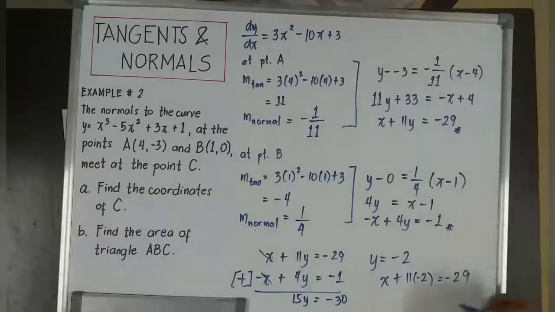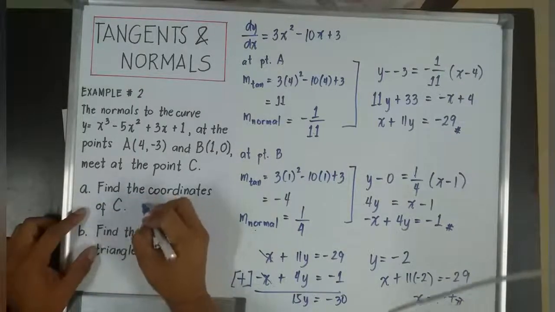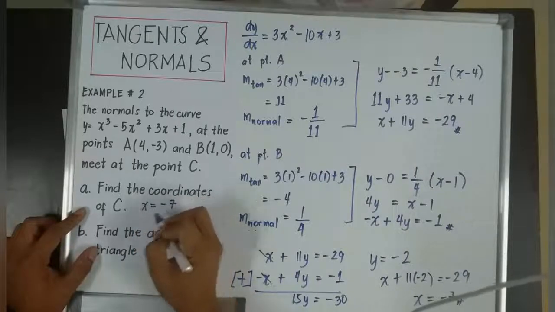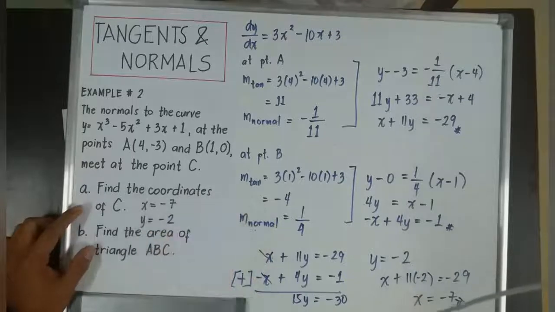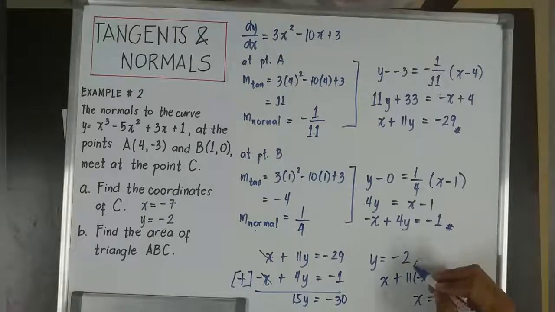You put it on the right side, it will become x is equal to negative 29 plus 22 is negative 7. Okay? Thus, the answer for letter A is x is equal to negative 7 and y is equal to negative 2. So those are the answers. I'll have negative 7 and negative 2.